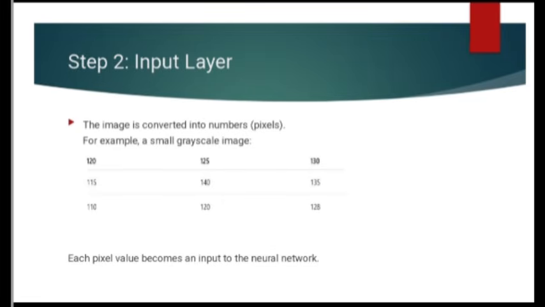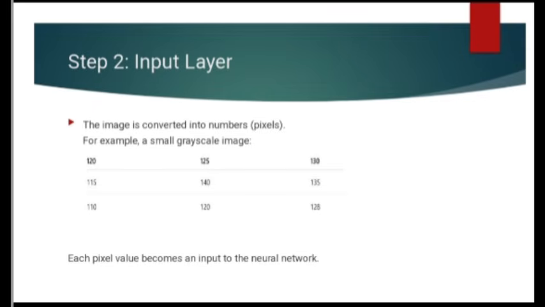So the next one is the input layer. In the input layer, computers do not see images the way humans do. They see numbers. Every image consists of pixels. Each pixel contains a numerical value, for example, 120, 125, 130, 115, 140, 135, 110, 120, 128.